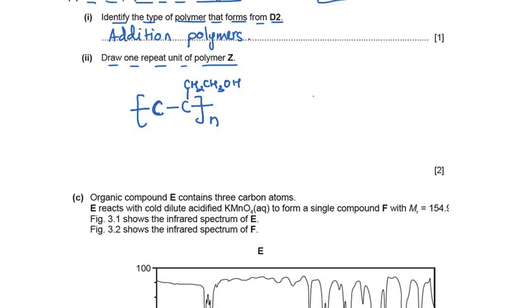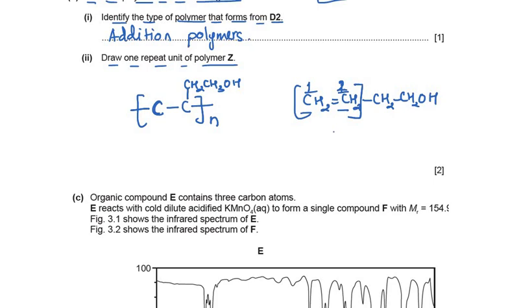So understand here, this is the structure of D2 that I'm drawing, with the double bond between the first and the second carbon atom. These two are the carbons which are going to polymerize and get extended bonds on both sides, and that will form the repeating unit. The repeating unit in any addition polymer will be only the 2 carbon atoms carrying the double bond.